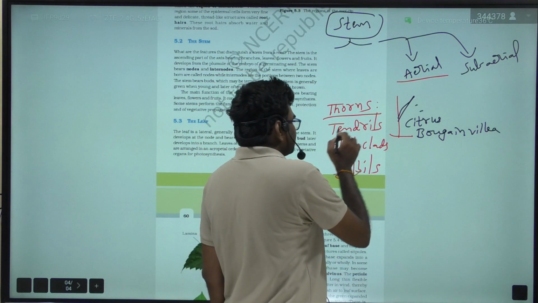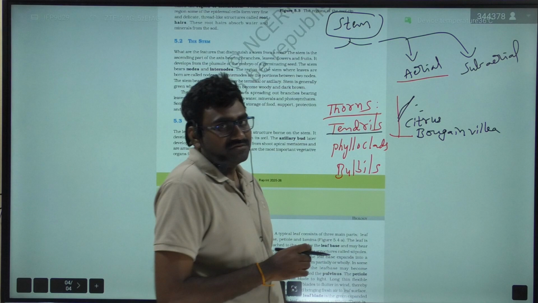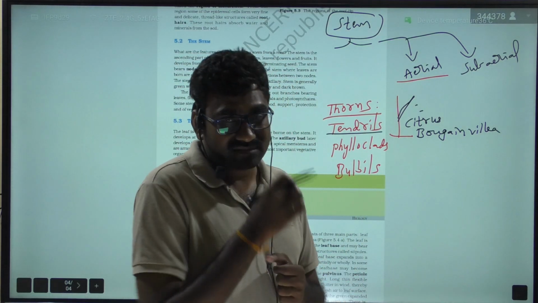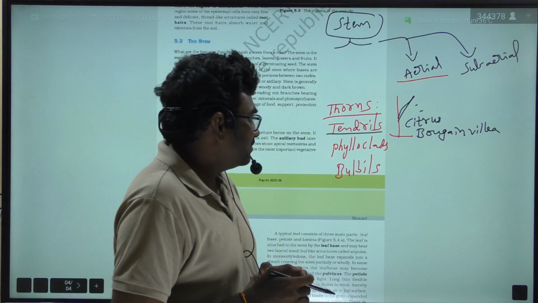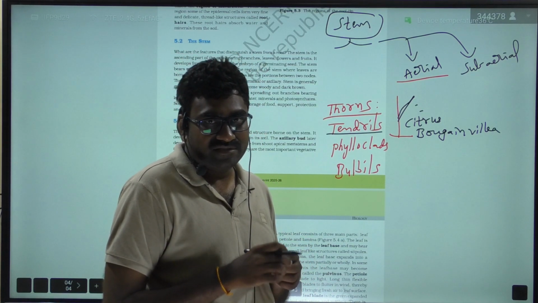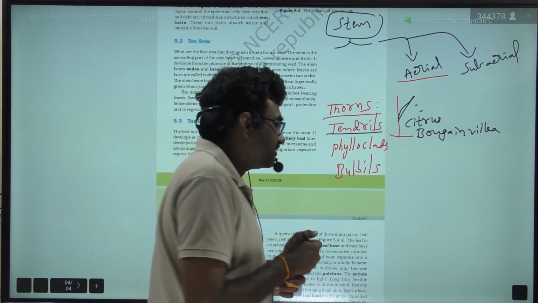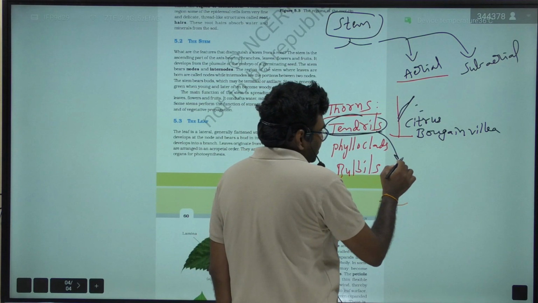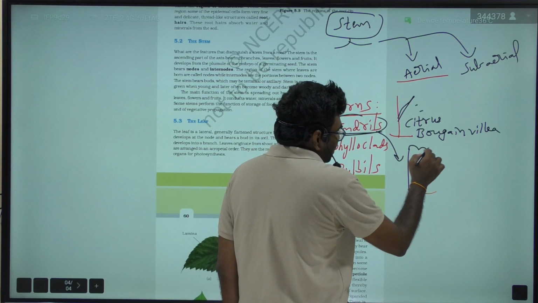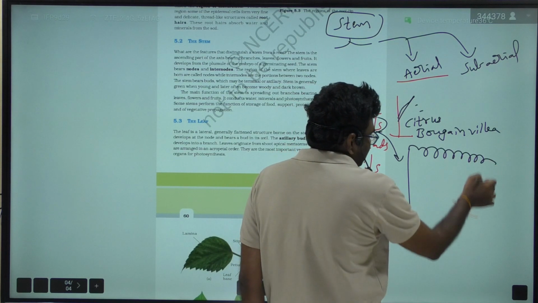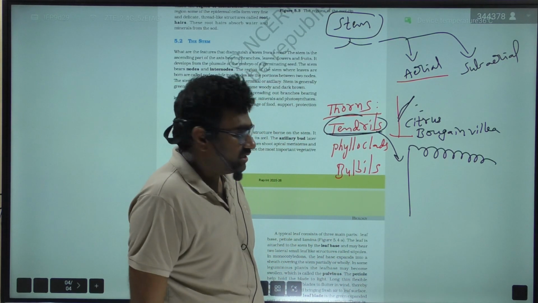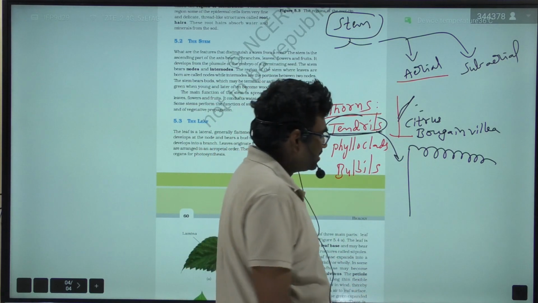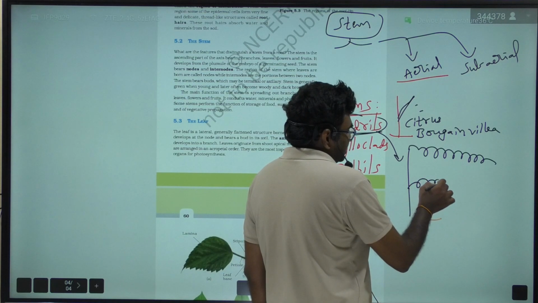And stem tendrils. Here we have two types of tendrils found in the stem, where the terminal bud is modified as well as the axillary bud is modified. Tendrils are thin, spirally coiled, wire-like structures that may arise from the apical region, or they may arise from the axillary region.